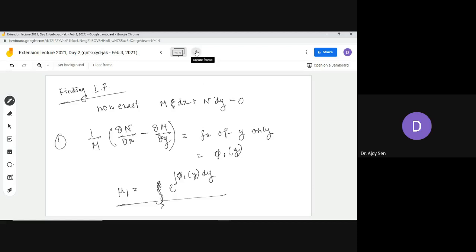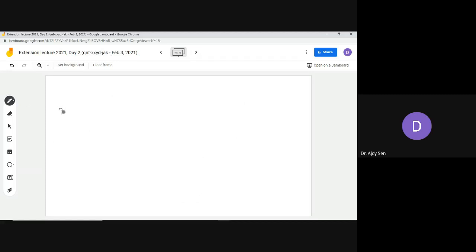Again, a very similar kind of thing. This is number 2. You just calculate 1 by N times (del M del y minus del N del x). And this is a function of x. Previously it was a function of y, so now it's coming as a function of x only.